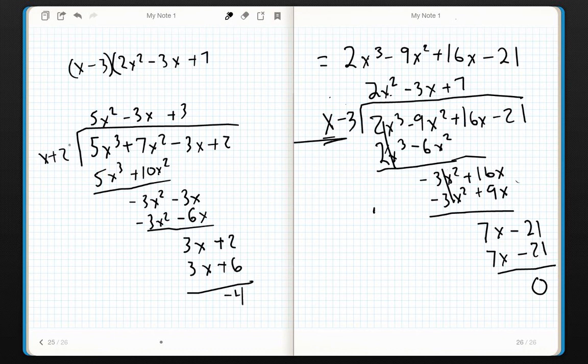So that means that this is not a factor of the polynomial, but I could write the quotient of this 5x cubed plus 7x squared minus 3x plus 2 as the following. I could write it as 5x squared minus 3x plus 3 with a remainder, so plus negative 4 over x plus 2.